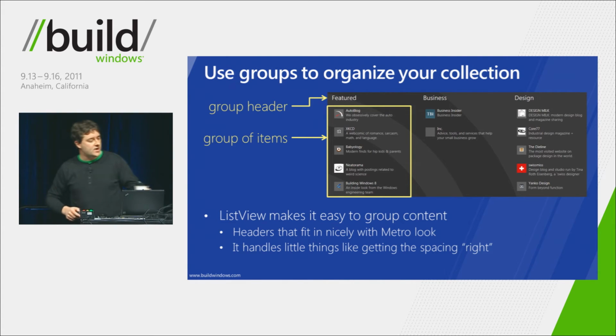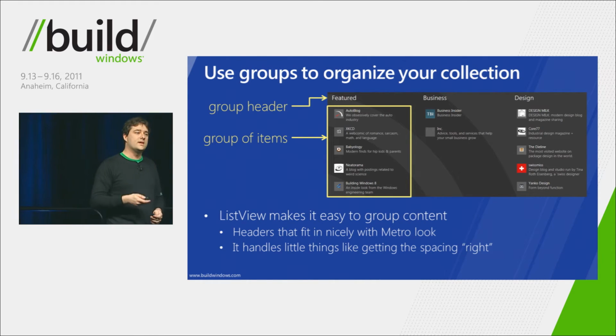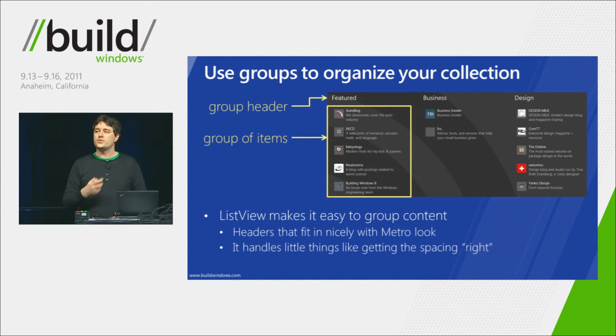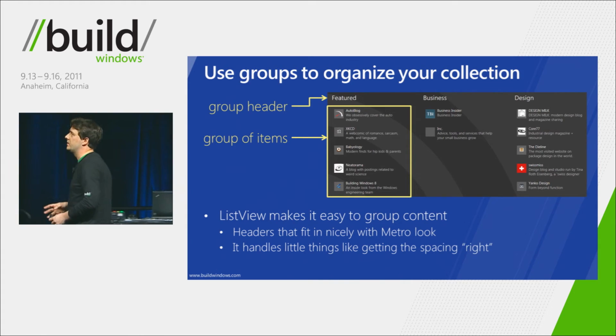And the list view tries to make the whole process around grouping easy to do in a visually aesthetic way, in a way that's really true to Metro. For example, it tries to insert just the right amount of space between the groups so that there's a clear delineation of where a group begins and ends.